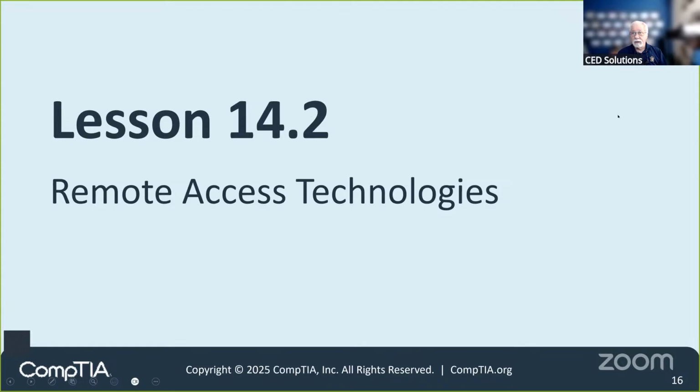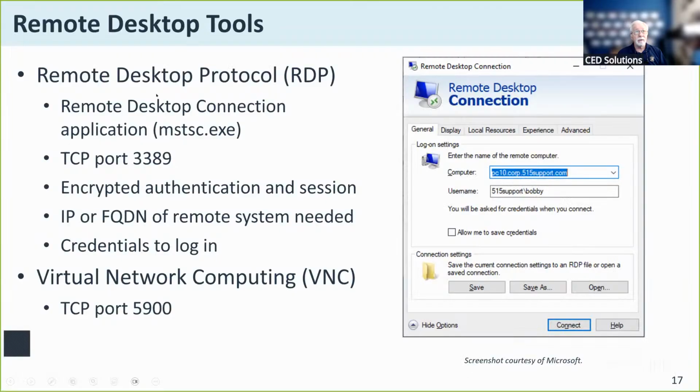There's one called RDP, Remote Desktop Protocol, this guy right here. It operates on port 3389 by default. It will allow me to set up a very secure communication environment, and in essence, it allows me to log on and take control of a target system.